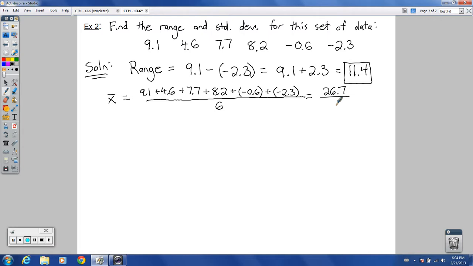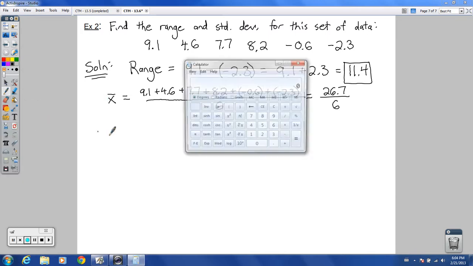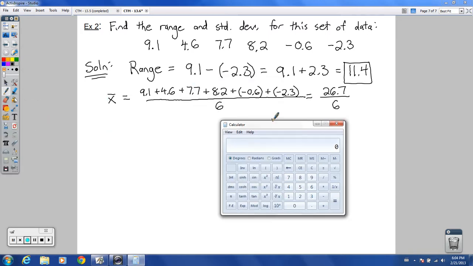If we add all these top values together, I had done that before, I double checked. I think I want to triple check though, because if I get this wrong, that really messes everything else up. If I do one of these first steps wrong, it's going to totally mess up everything else. So I'll get out the calculator here, we'll check it together. 9.1 plus 4.6 plus 7.7 plus 8.2.